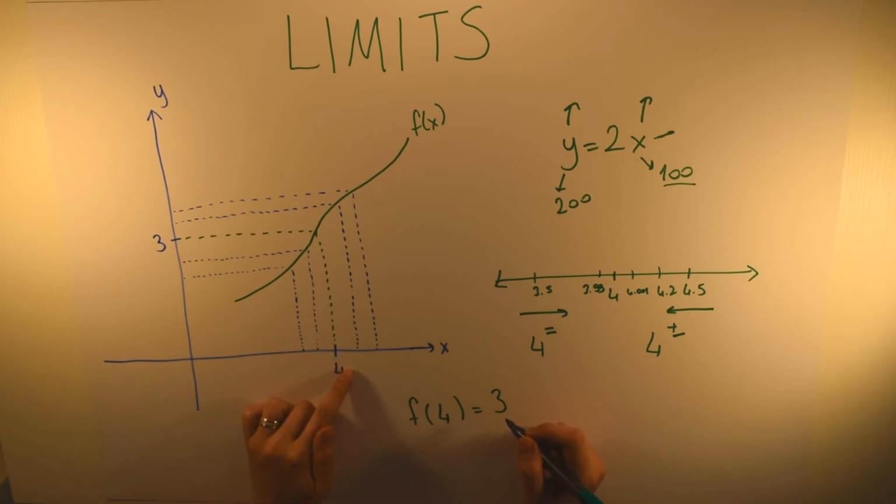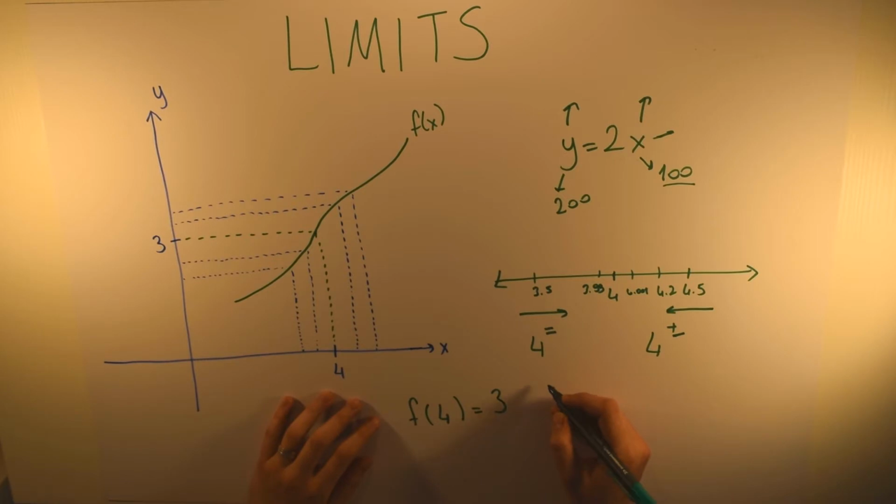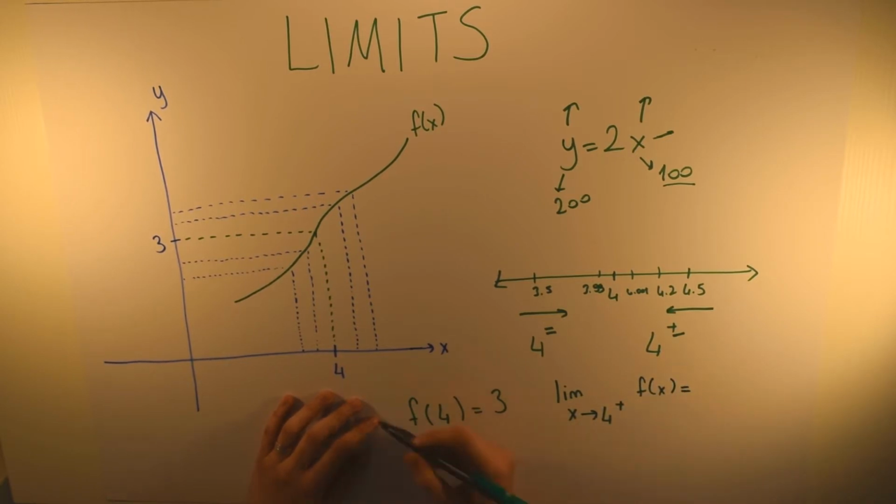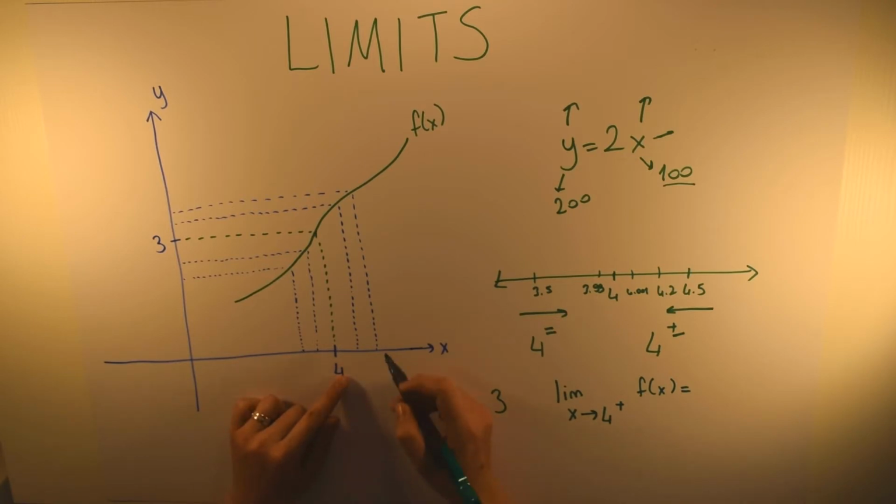We will first get closer to 4 from the right side. How do I write this? It's the limit as x approaches 4 from the right, f of x is equal to. When we look at this graph, let's start from here.